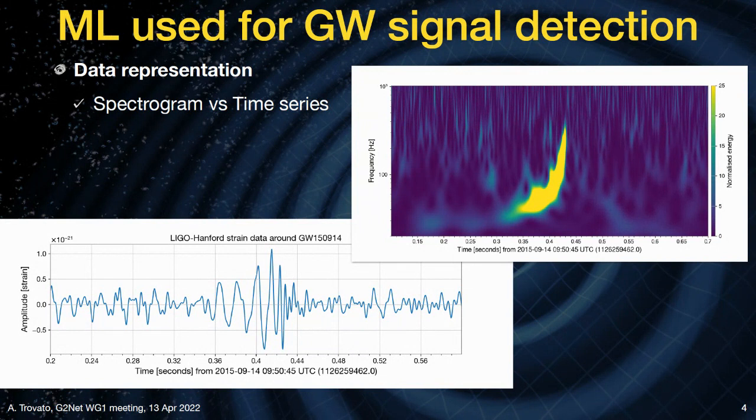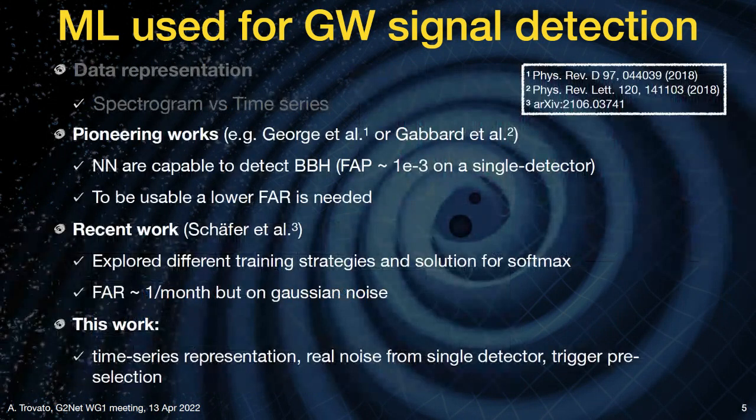There are some reasons to prefer one against the other, but we decided to go for time series. So the network I will show uses the data in the representation of time series.